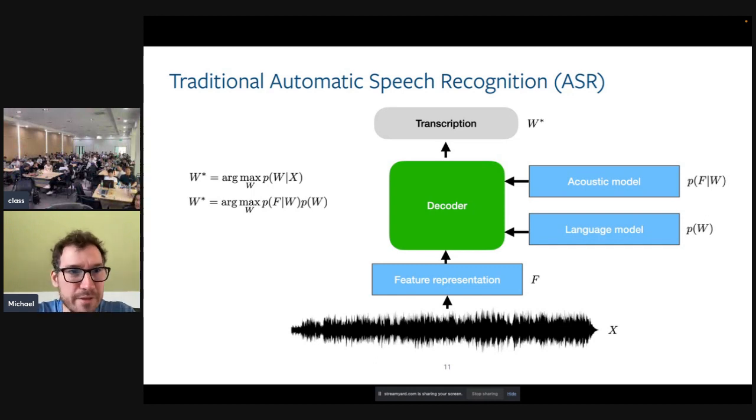And then if you have that, you try to find your W star, which is basically the transcription W that will maximize this product between the acoustic model and the language model probability. So that's the slide with the most formulas, just as a warning. That was pretty much it, I believe, and the rest should be more straightforward.